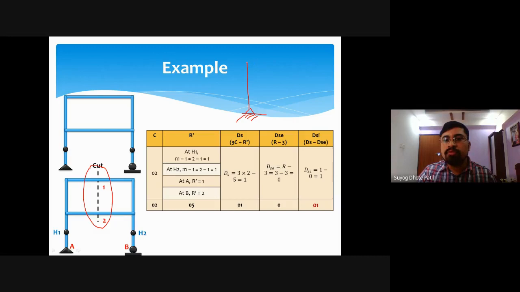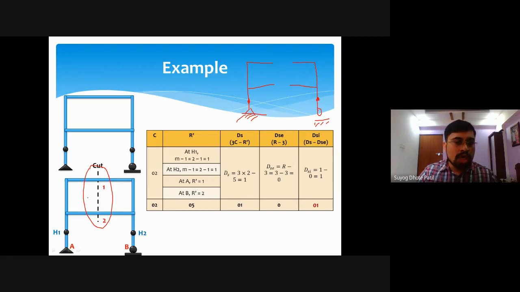So this will be our first part, this will be our roller support, and this will be our other part. There is an internal hinge here, and there is an internal hinge here.